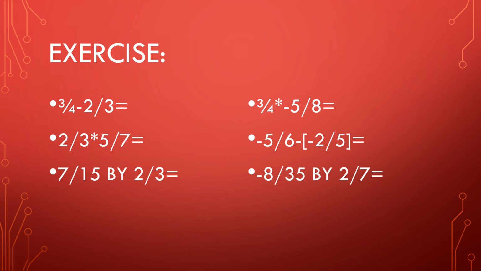You may note them down. On the next slide I'll show you the answers. 3 by 4 minus 2 by 3, 2 by 3 multiplied by 5 by 7, 7 by 15 divided by 2 by 3, 3 by 4 multiplied by minus 5 by 8, minus 5 by 6 subtracted by minus 2 by 5, minus 8 by 35 divided by 2 by 7. Now I'll show you the answers to these questions.